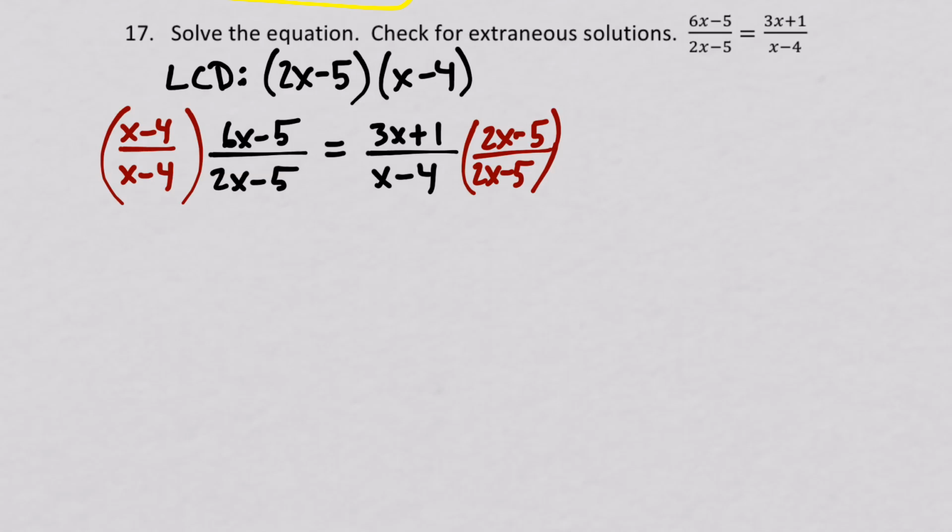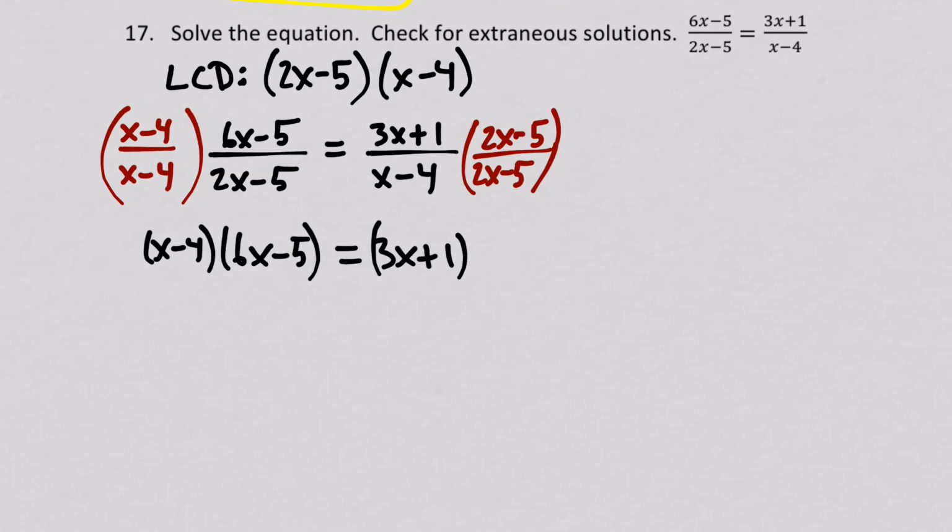Multiply the numerators, which is going to give you x minus 4 times 6x minus 5 equals 3x plus 1 times 2x minus 5. What happened to the denominators? Well, since they're all the same, they sort of just cancel. The denominators are all the same, so that means that the numerators are the same.